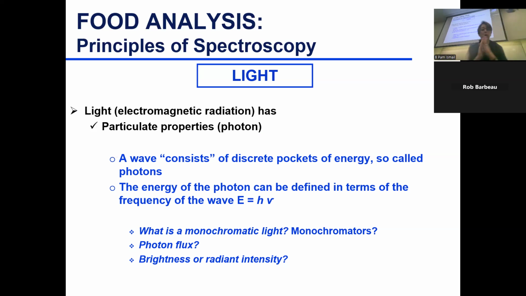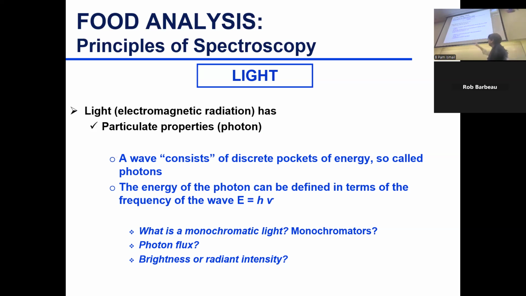And this is the best way to explain absorption of light, by absorbing a photon of light and emitting photons of light. The energy of the photon is related to the frequency of the wave. So the higher the frequency, the higher the energy. So E equals h times frequency. The h is a constant.